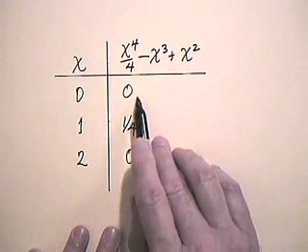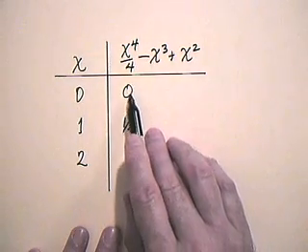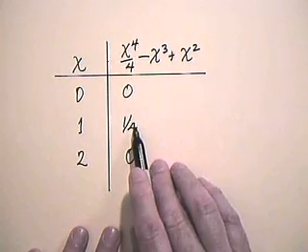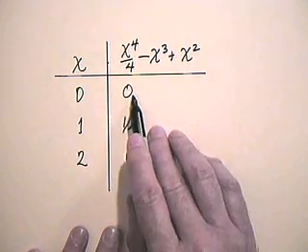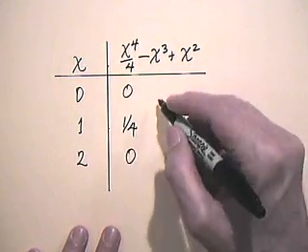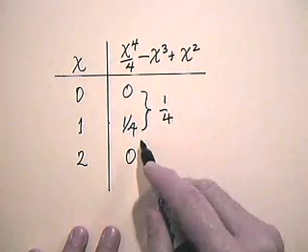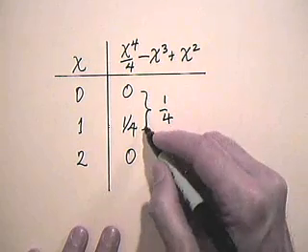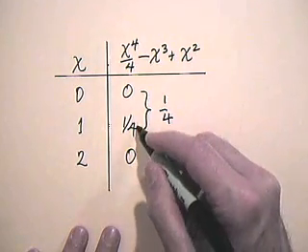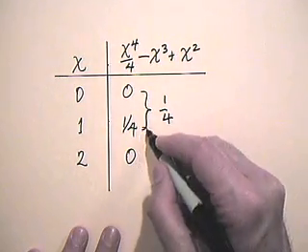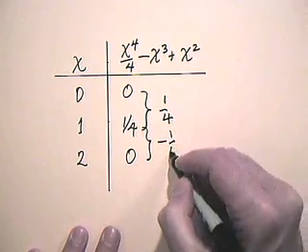And so the definite integral from 0 to 1 is 1/4 minus 0, and so its absolute value is clearly 1/4. The definite integral from 1 to 2, well, that will be 0 minus a fourth. So there we get negative a fourth.